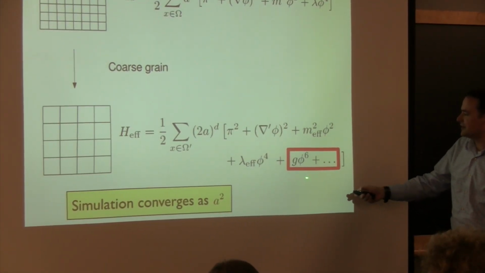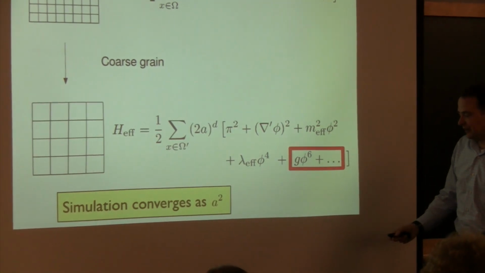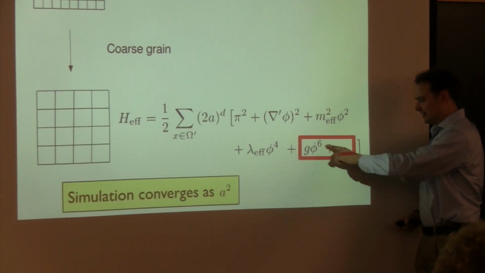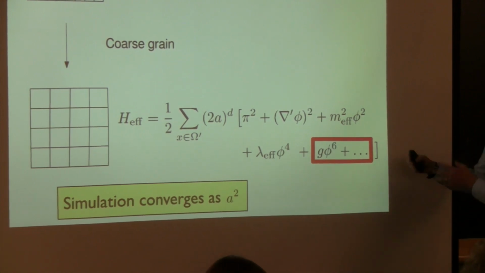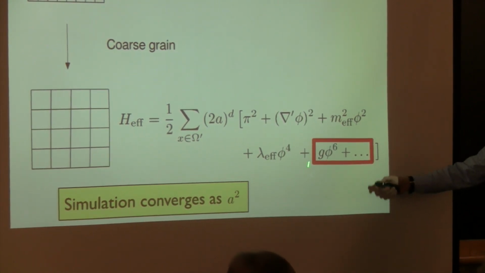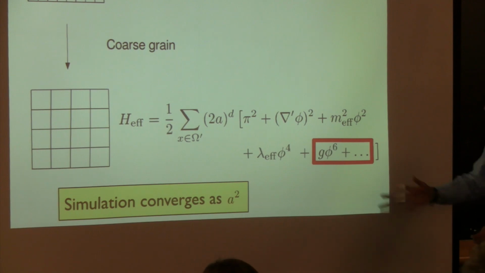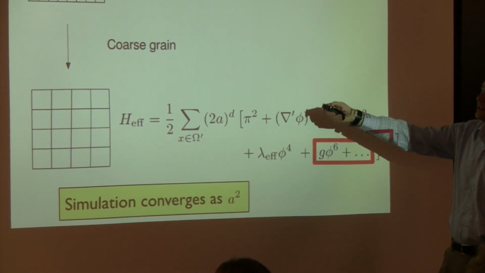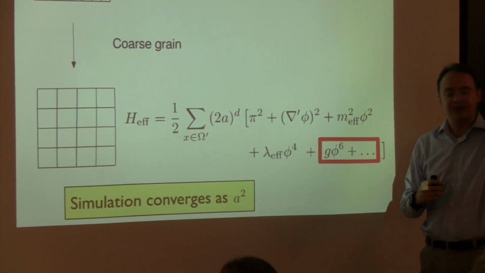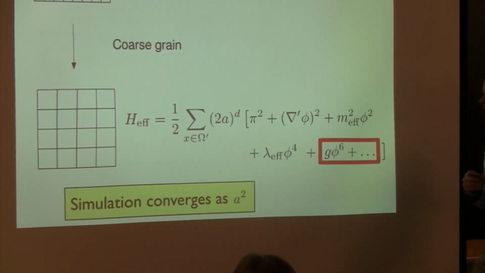But on top of that, you'll also have these small correction terms with all sorts of higher order things in here: phi 6, higher powers of phi, things involving derivatives of phi. These really are a signature of how much error you're inducing by doing this discretization in the first place and not taking the lattice cutoff all the way to 0 lattice spacing.